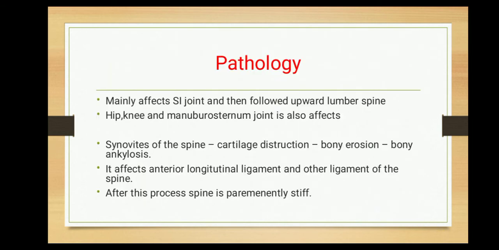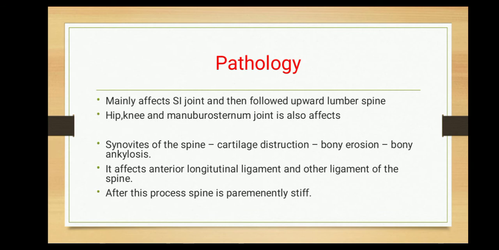Now next is the pathology. It mainly affects the sacroiliac joint, as we all know, followed by the upward lumbar spine, hip, knee, and manubriosternal joint, which are also affected. The pathology occurs in 4 stages. First synovitis of the spine takes place, then cartilaginous destruction occurs, then bony erosion, and at a later stage bony ankylosis takes place.